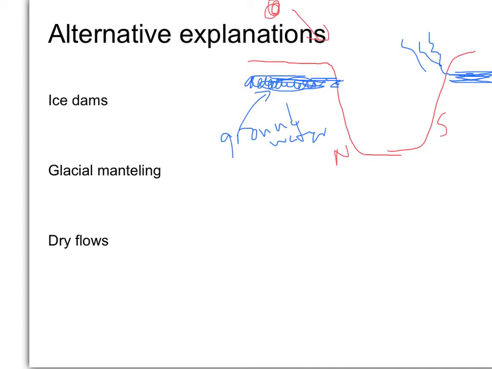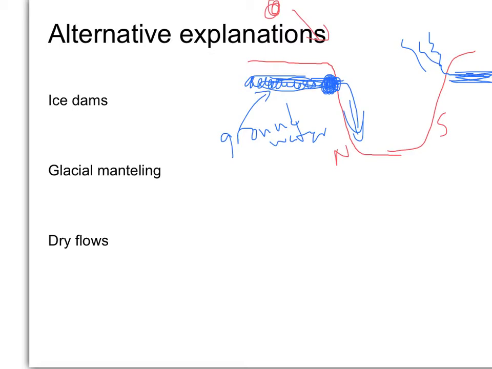It's going to freeze. And so the idea would be that you would build up an ice dam here where this liquid water is coming into this colder area. What happens when that ice dam eventually fails is that we get a torrent of water quickly running down, cutting out that channel, and then rapidly evaporating and going away.